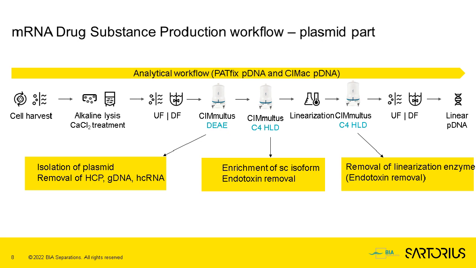And I think the fair answer is that there is currently not very clear guidance on the required purity for plasmid to be used as a raw material for production of mRNA.